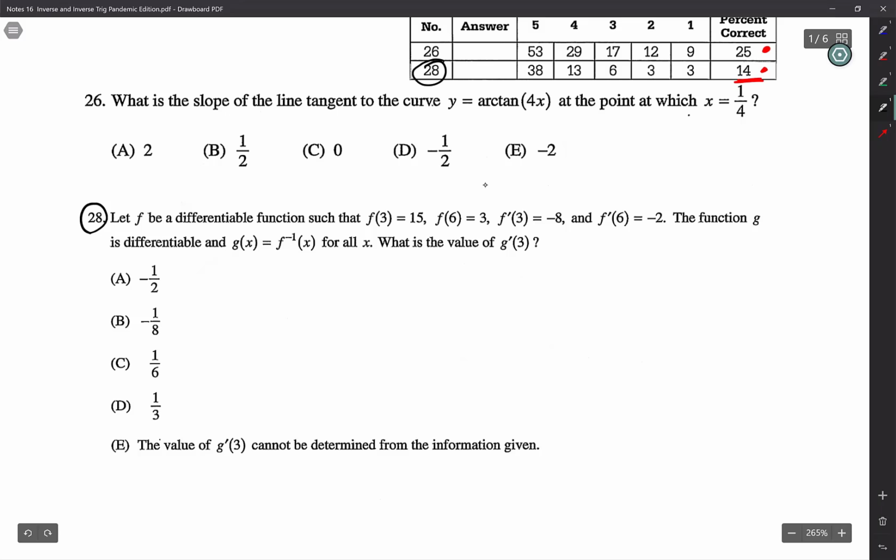Take that knowledge and see if you can do the hardest question on the 2008 AP exam. And please participate, guys, and answer a question.